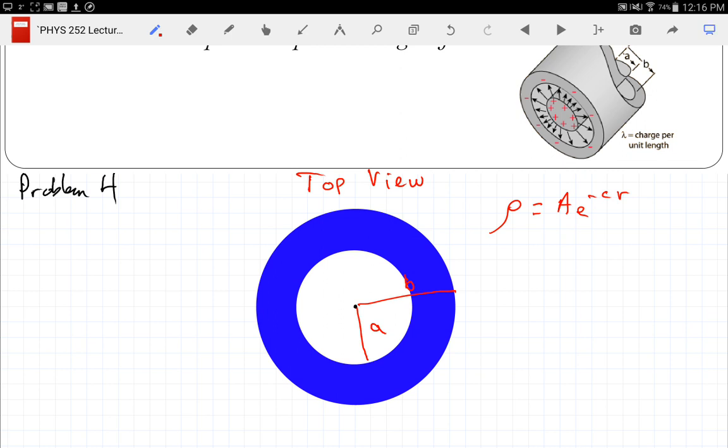Okay, the white inside, the white outside, and the blue.